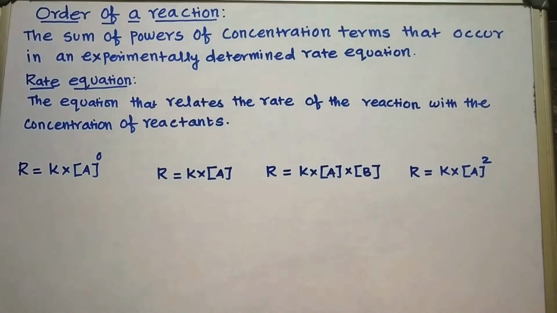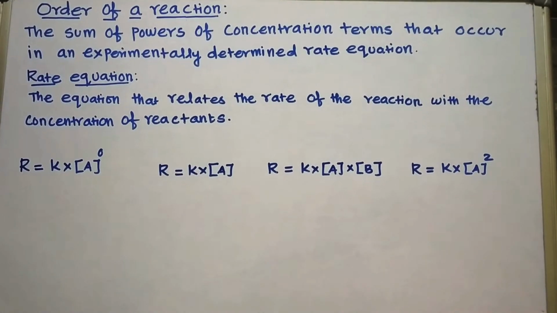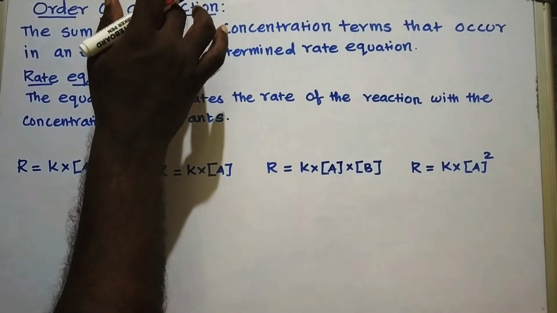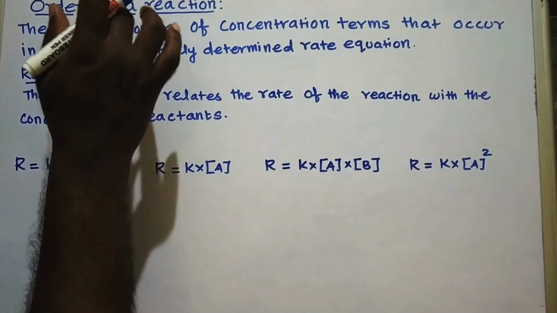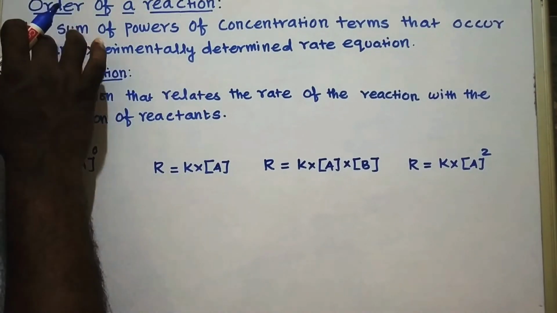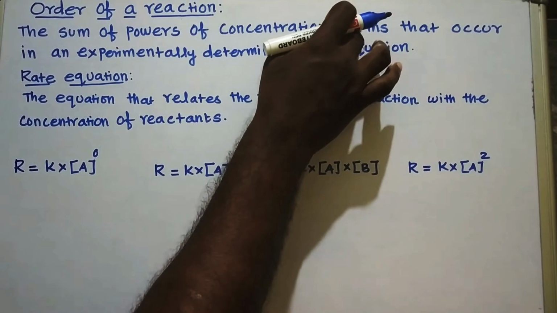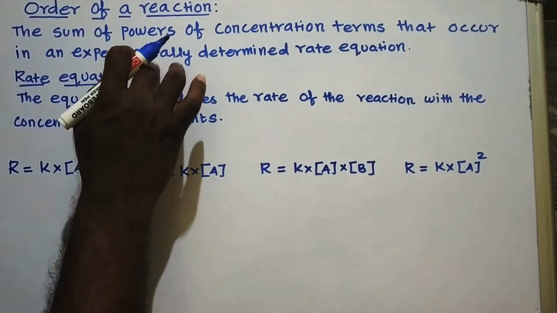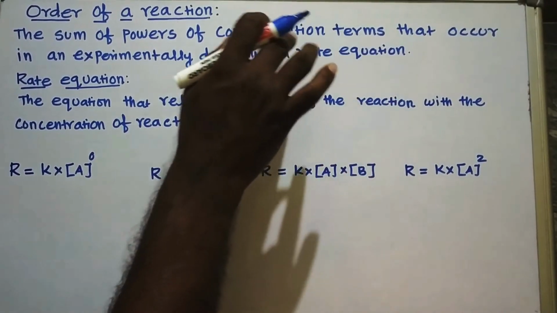Good morning, students. Today we are going to discuss an important topic in chemistry, the order of a reaction. First of all, we are going to see the definition of order of a reaction. The sum of powers of concentration terms that occur in an experimentally determined rate equation is called the order of the reaction.